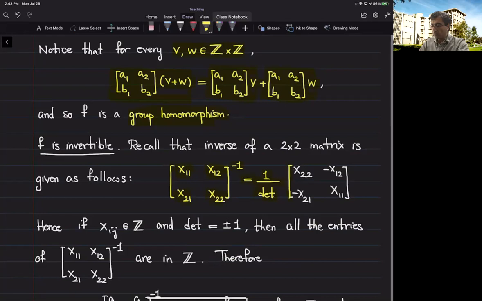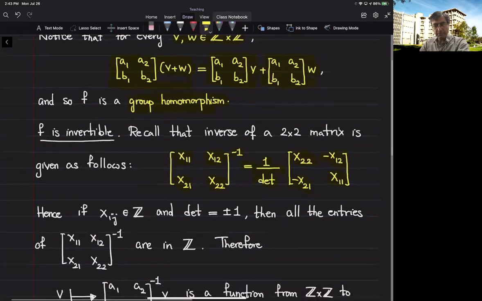And then we flip the order of the diagonal entries, and the other ones we multiply by -1. So negative x12, negative x21, and this is the inverse of the matrix x11, x12, x21, x22.